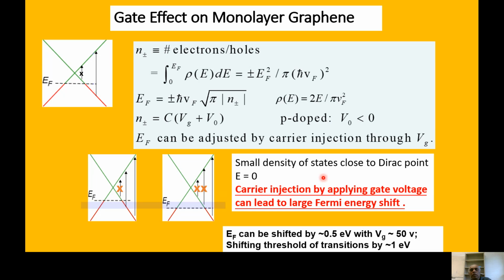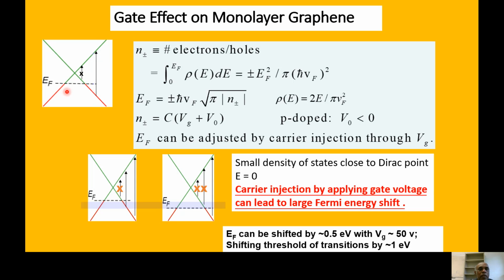Actually, it can be shifted by almost half an electron volt if I apply a gate voltage of about 50 volts. So you can easily tune your properties by changing the gate voltage.